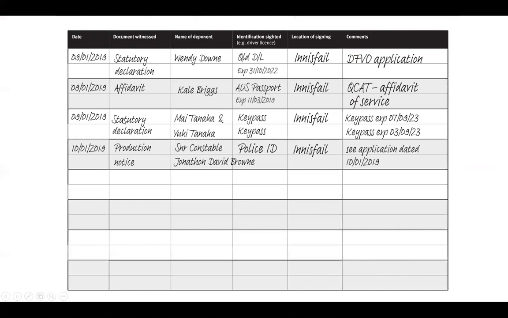She's just put the date, the type of document witnessed, in this case a statutory declaration, the name of the person presenting the document, and the Queensland driver's license and the expiry date. And you can see here that Olive's been a little busy. On this day, the 10th of the 1st, she issued a production notice, and she's just put see application dated 10th of the 1st, 2019. That's fine because all that information is contained in the application.